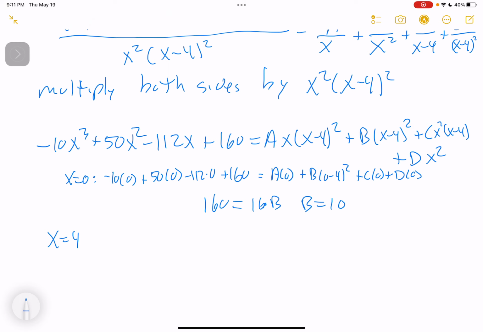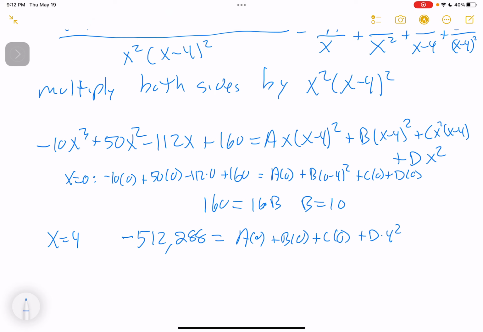And oh my gosh, this can't be real. I get negative 512, 288. On the right, if I put a 4 in for anything with an x minus 4, it's going to be 0. So that's a times 0 plus b times 0 plus c times 0 plus d times 4 squared.